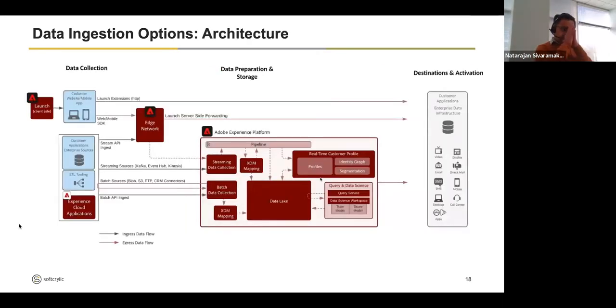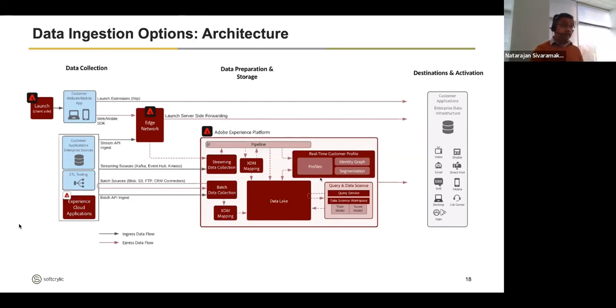Now, this is a high-level architecture of how the various ingestion options work within AEP. Like I talked about earlier, as you can see on the top left, you have the mobile web SDK implementation, which you can integrate. Adobe will provide you this edge network, and this is something that you can create from the data source interface within AEP.